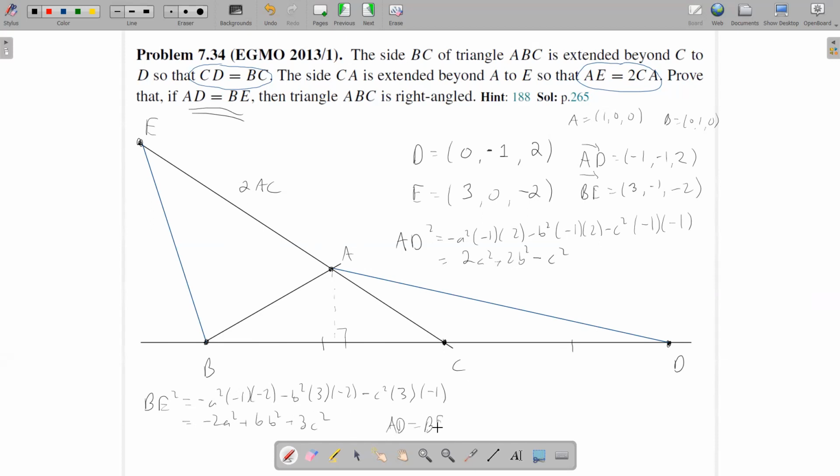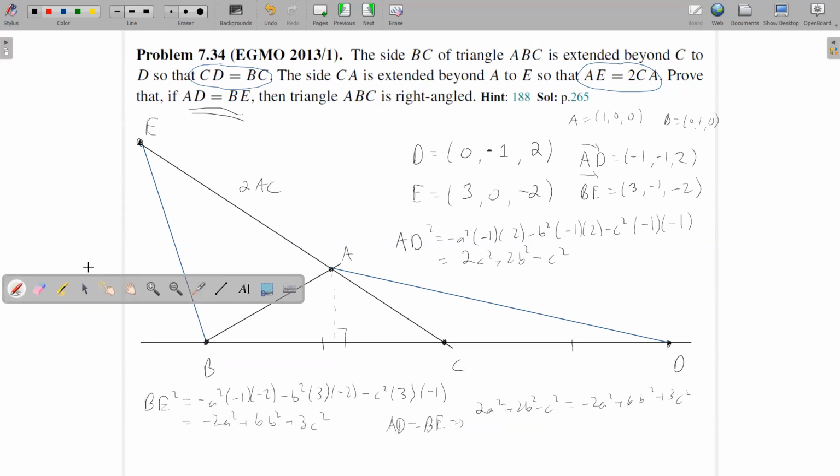Now, since AD equals BE, this implies 2A squared plus 2B squared minus C squared equals minus 2A squared plus 6B squared plus 3C squared. So that 4A squared equals 4B squared plus 4C squared. We divide by 4: A squared equals B squared plus C squared, which from Pythagoras implies the angle A is 90. Weird.